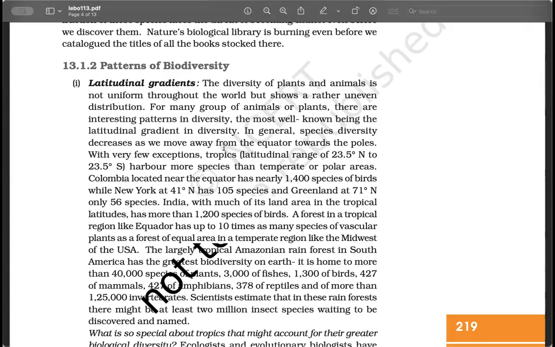Do you think they are small organisms or big organisms? They're big. Do you find mice, rabbits, sparrows, squirrels? Why not?